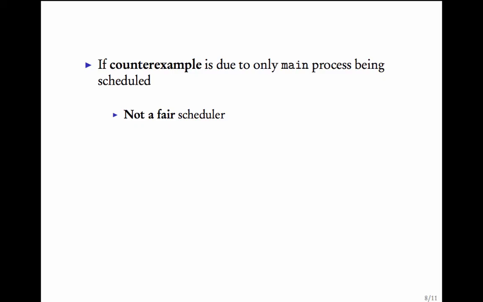Let me summarize the part about the counter example which we saw. The first counter example that we saw was due to only the main process being scheduled, and this is not a fair scheduler. We should add fairness running in the philosopher module.